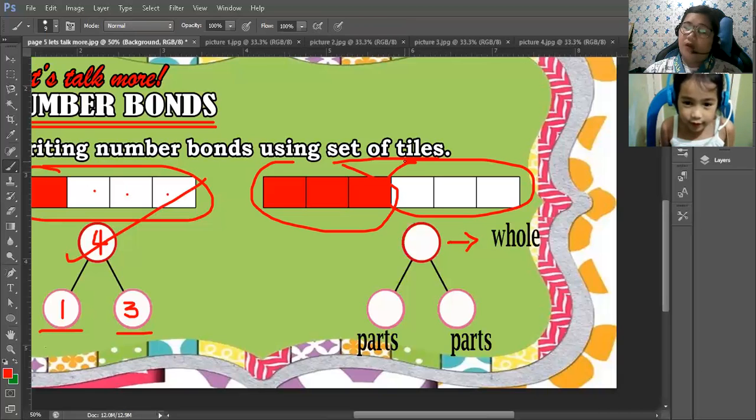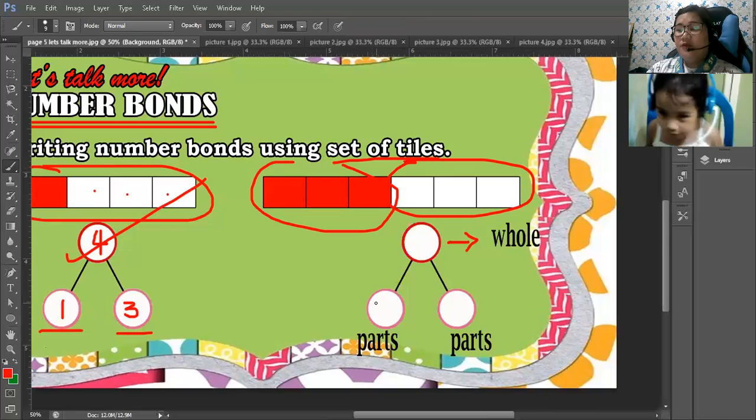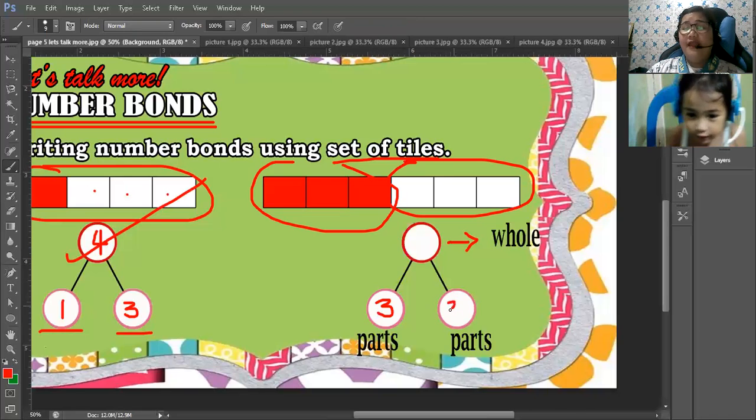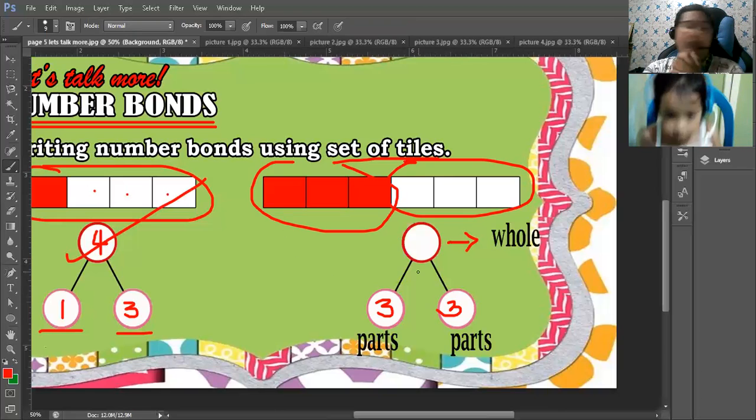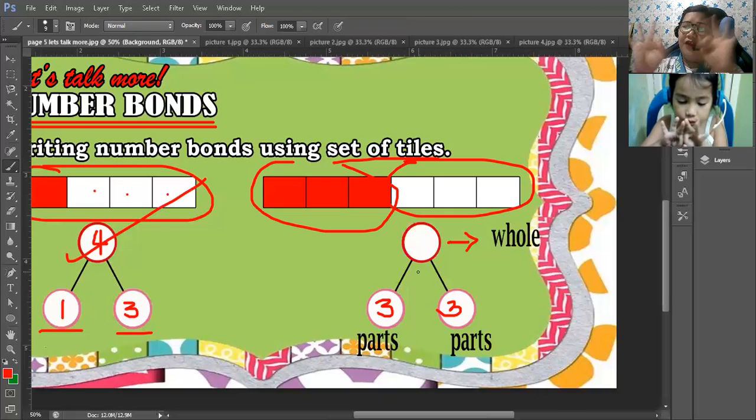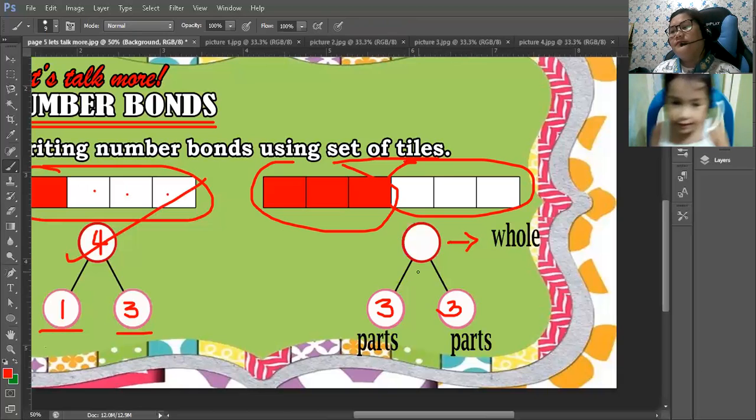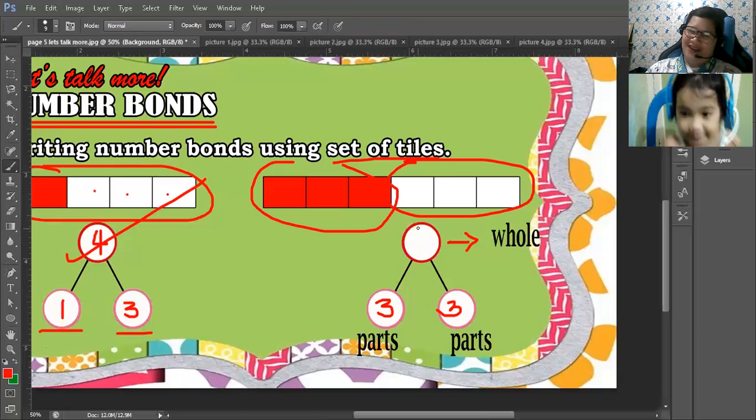There are 3 red tiles and 3 white tiles. Very good. Now, can you add 3 part and the other 3 part? Can you add them together? 6. Very good. Wow. You are awesome, Zoe.